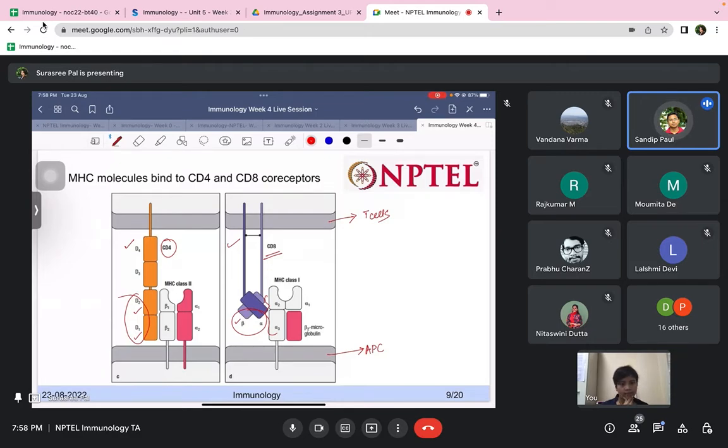Then only it can be expressed on the surface. So exactly, would B or T cells take the antigen inside, like how a macrophage or dendritic cell eats it? Oh, like that it does. Okay, so then it comes to the surface.